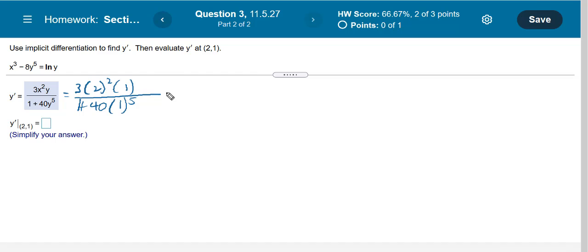And again, if you need your calculator, then type it on your calculator. 2 squared is 4. 4 times 3 is 12, times 1 is 12. 40 times 1 to the 5. 1 to the 5 is a 1. 40 times 1 is 40. 1 plus 40 would be 41. Now, if you need to, you could type that into your TI graphing calculator and see does it simplify.